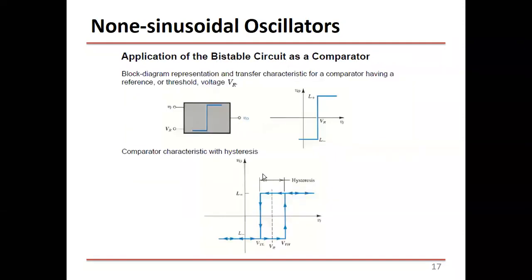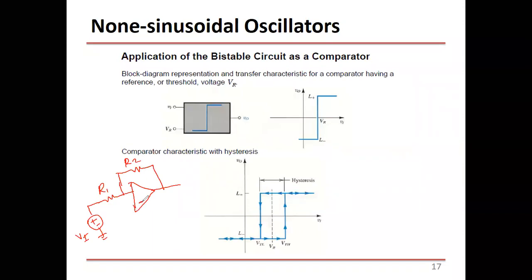So now we do the same thing, but instead of having a ground here, this is the circuit, how to implement it. You do the positive feedback, and you apply the input here. This is R1, this is R2.